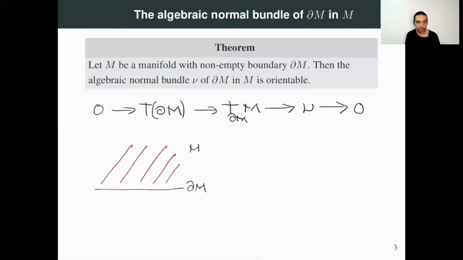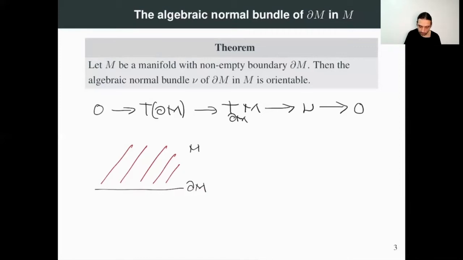So we're in a situation more or less like the one that is in the picture. And what happens now is that we can choose an oriented base in a continuous way for the normal bundle in every point in the boundary.